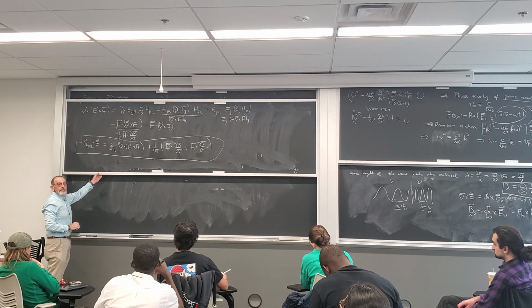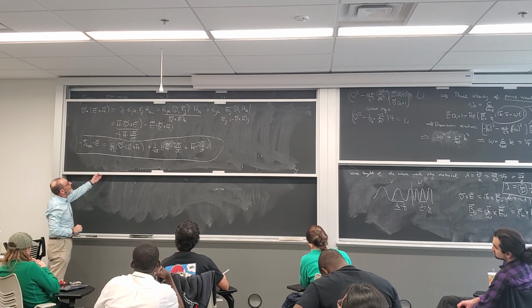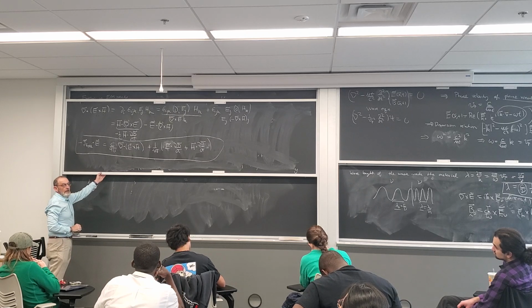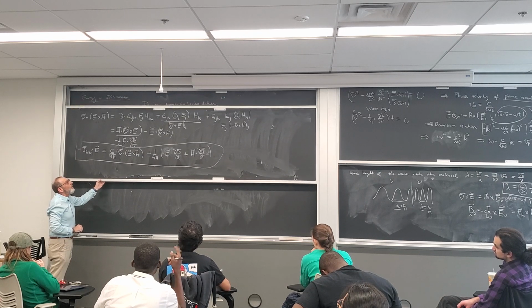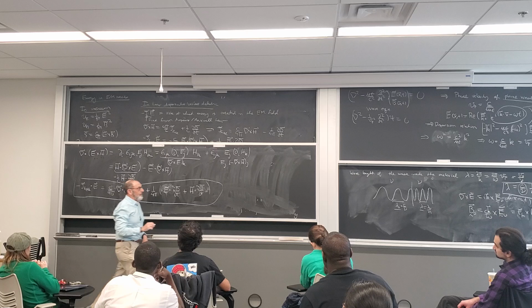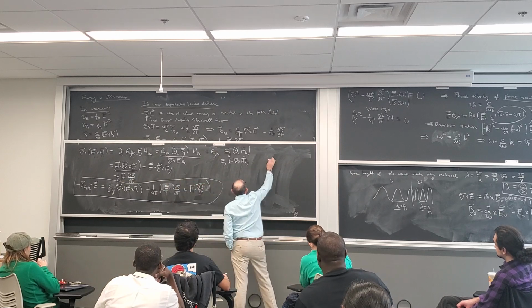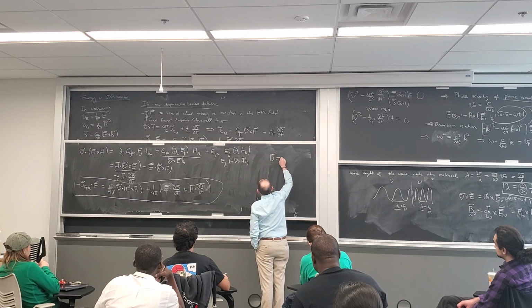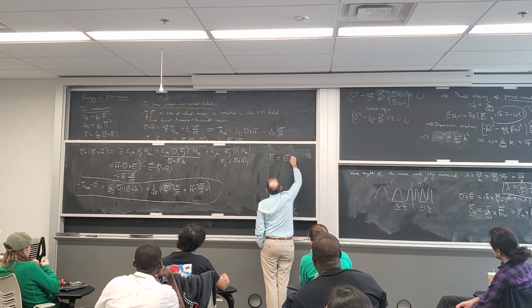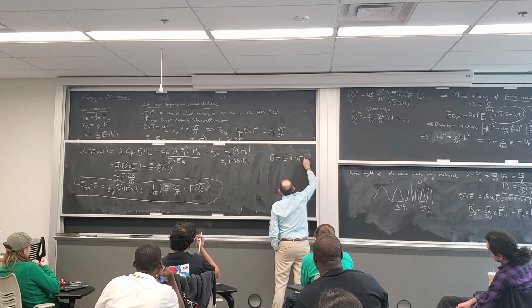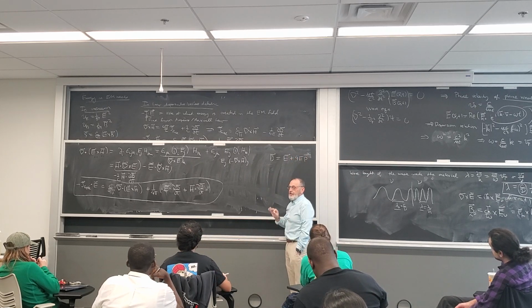Excuse me, sir. You are making use of D here. Is the D the displacement or the polarization? No, excuse me for that confusion. D is the displacement, and D is equal to E plus 4 pi P, by definition.